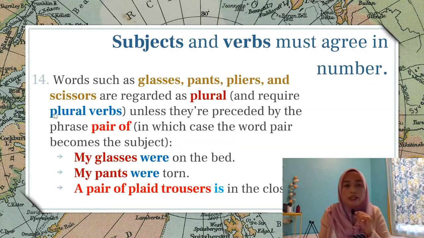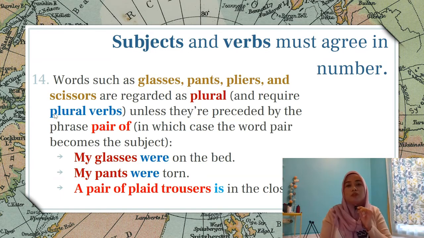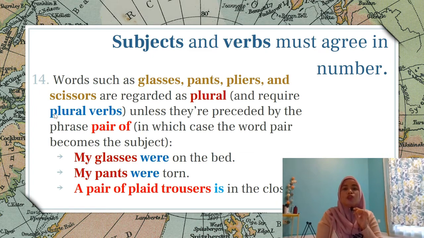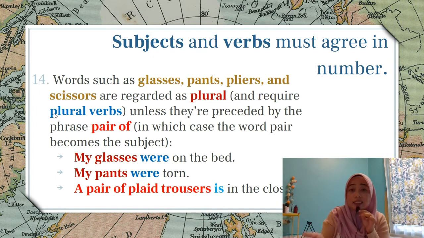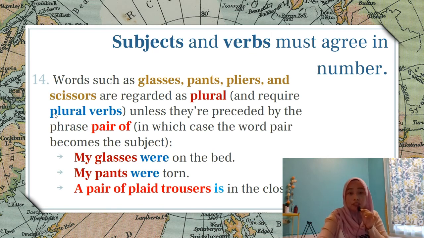Okay, moving on. Now, certain nouns are automatically plural by nature. Certain nouns like glasses, pants, pliers, and even scissors are automatically plural.